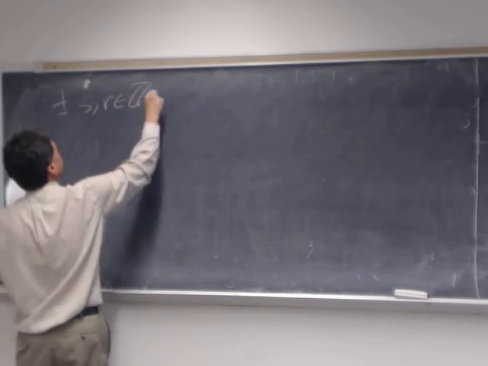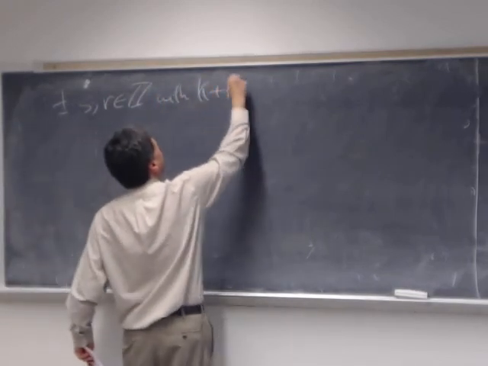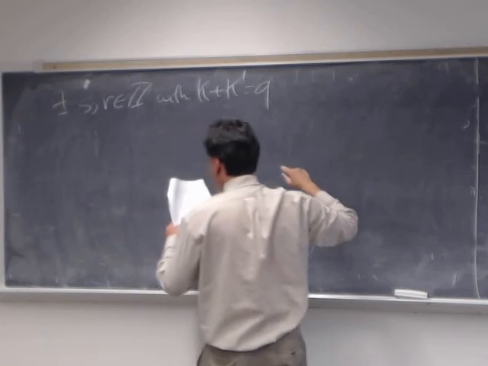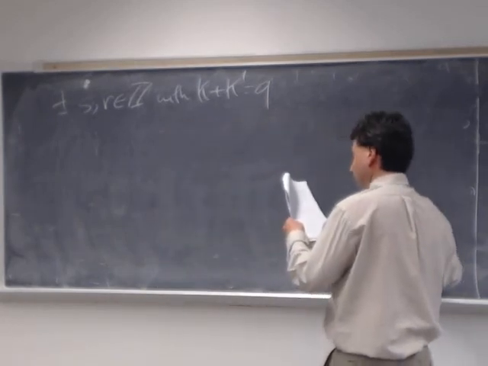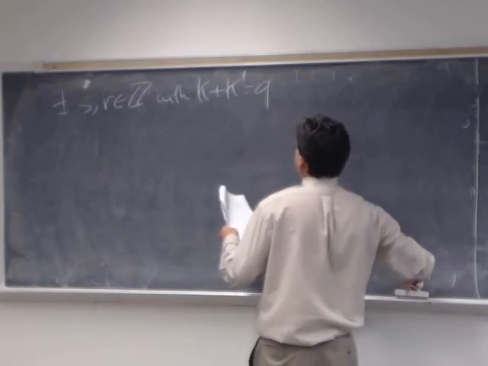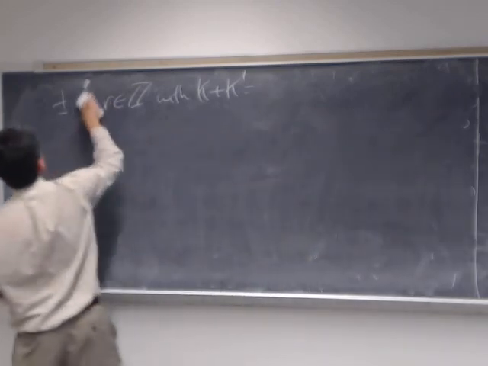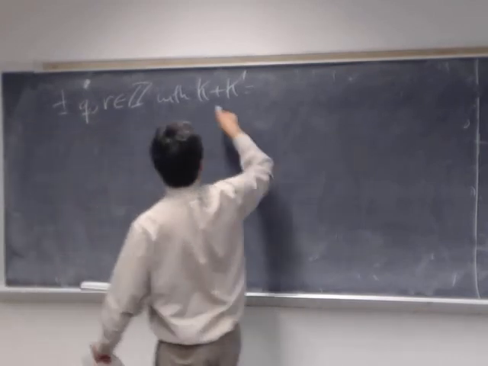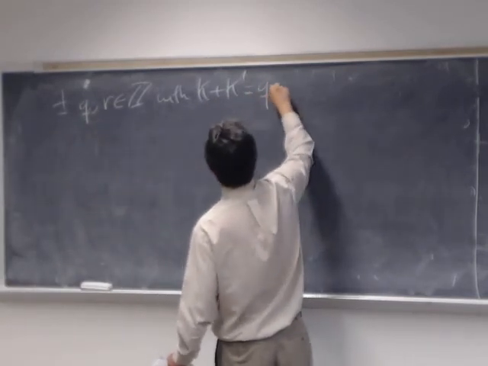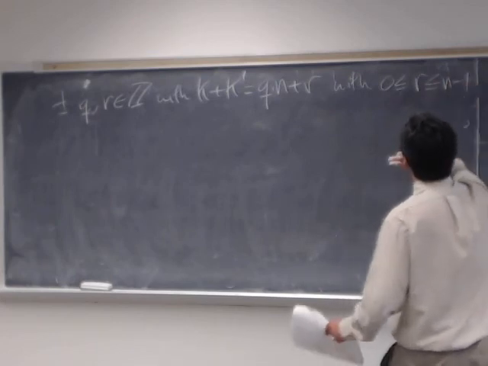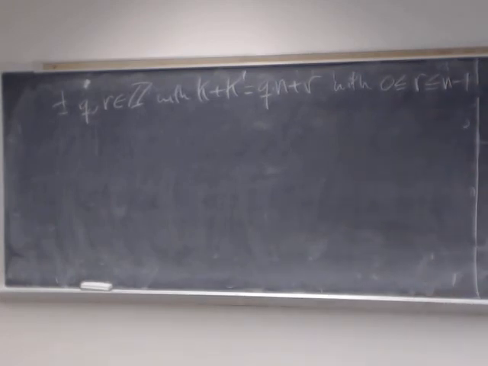We have two integers where k plus k prime is going to be equal to q times n plus r, where the division algorithm forces the remainder to be between 0 and less than or equal to n minus 1.